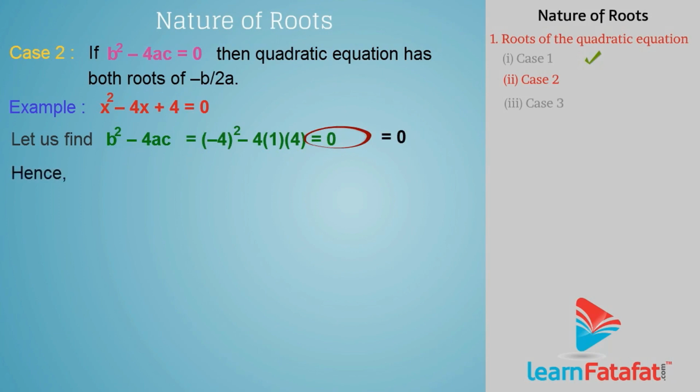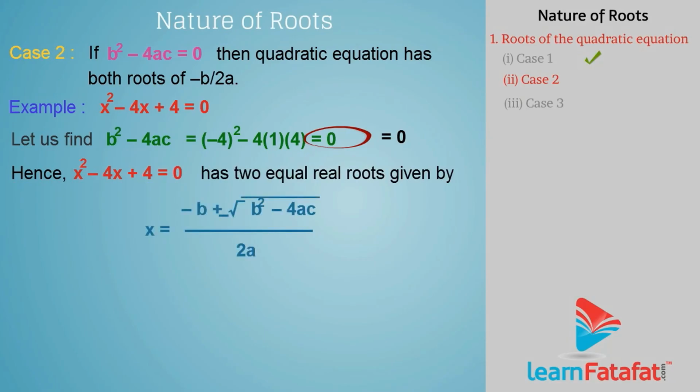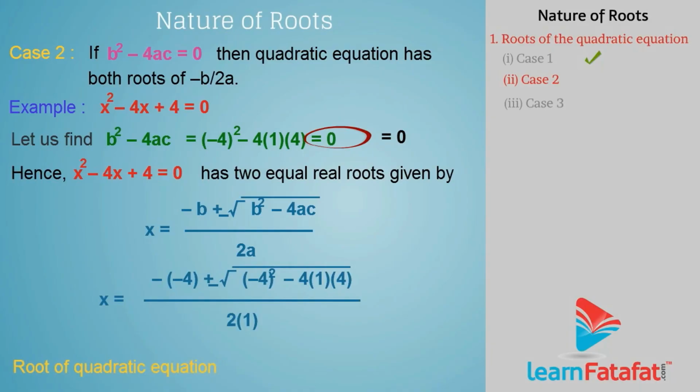Hence, for x square minus 4x plus 4 is equal to 0, there are two equal real roots given by x is equal to minus b plus minus square root of b square minus 4ac divided by 2a. Putting all the values and solving it, roots of quadratic equation is x is equal to 2.